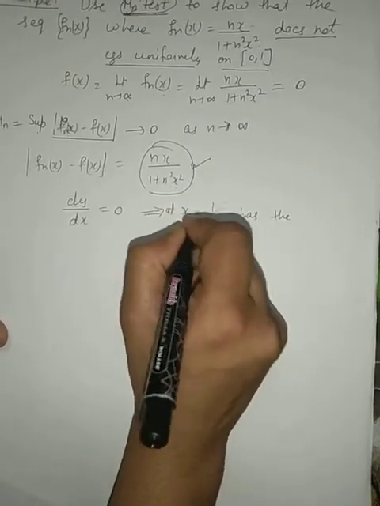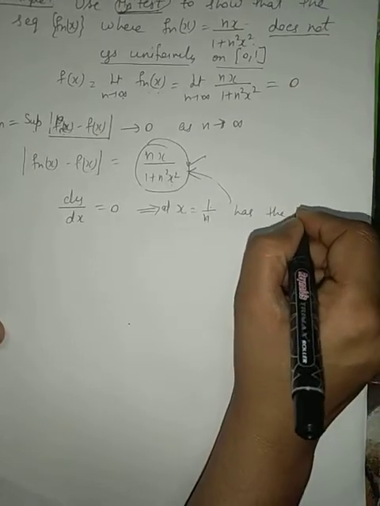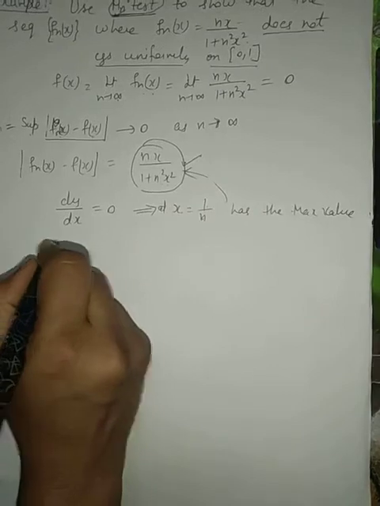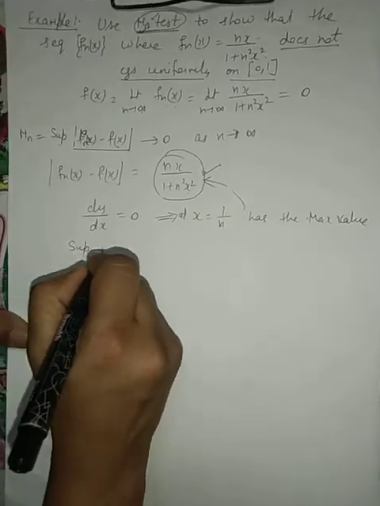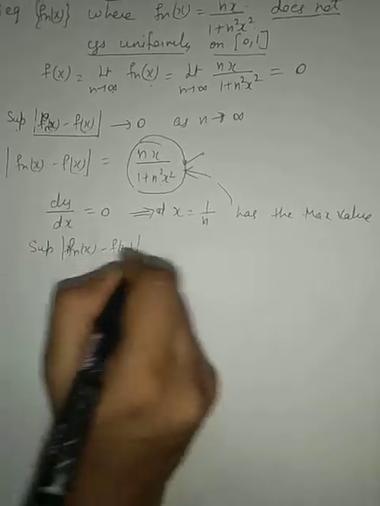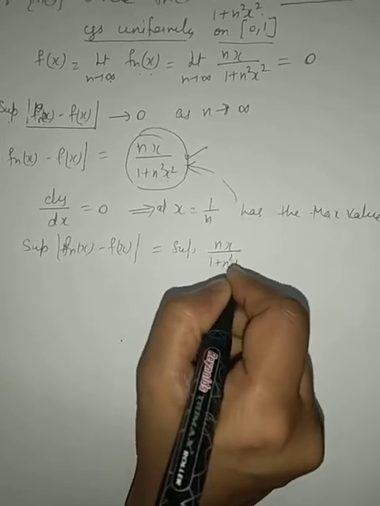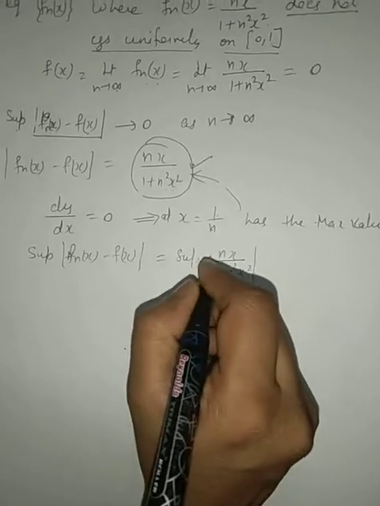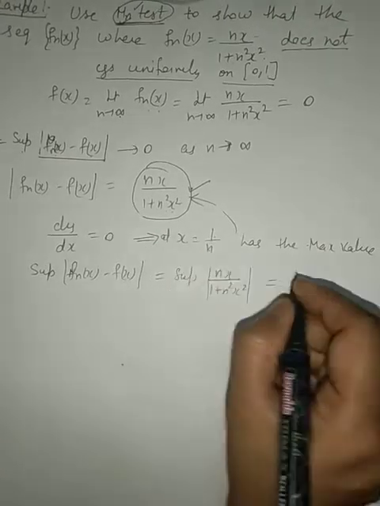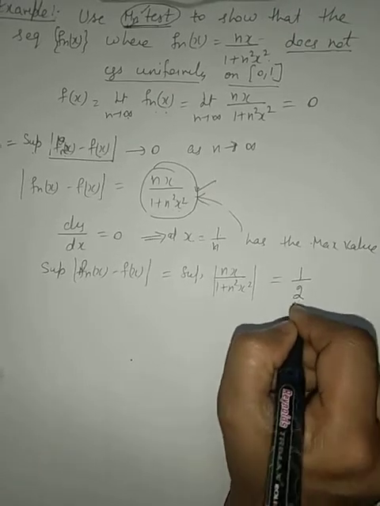And when you calculate the maximum value, the supremum of fn(x) minus f(x) is equal to the supremum of nx over 1 plus n square x square. Substituting x is equal to 1 upon n, then you will get the value 1 upon 2.